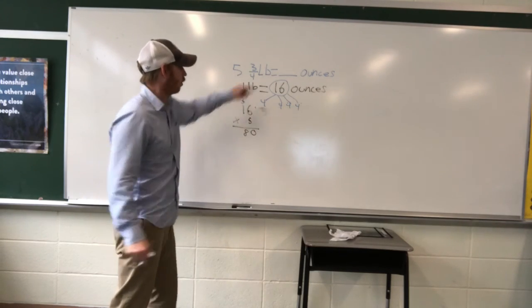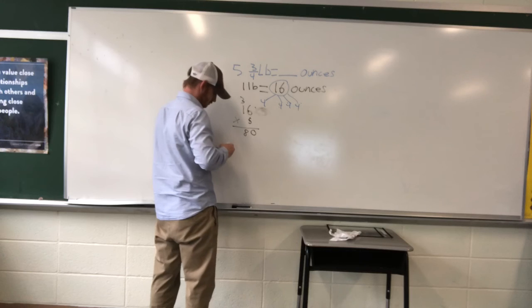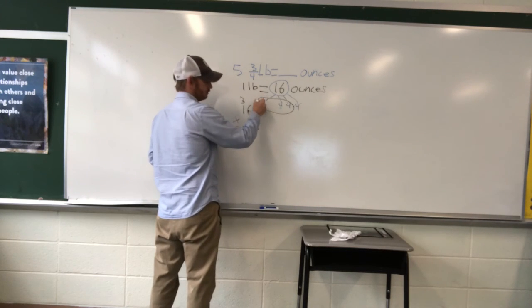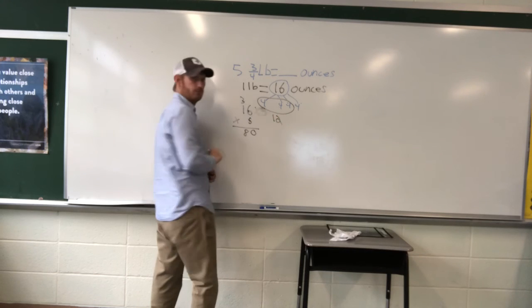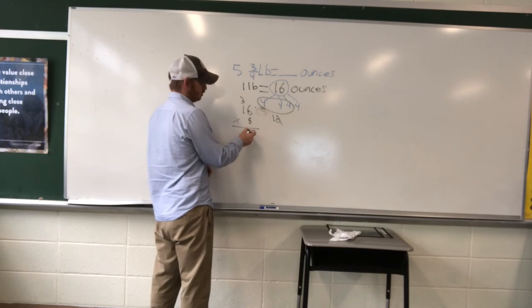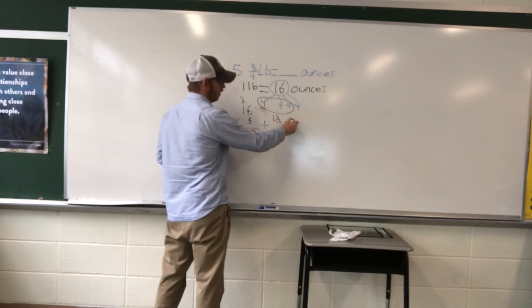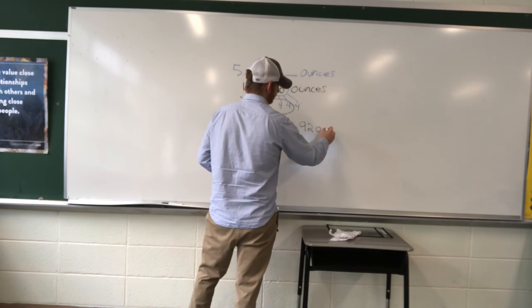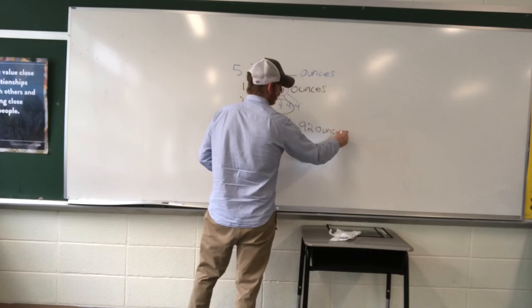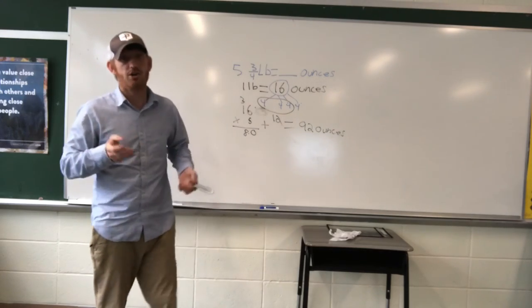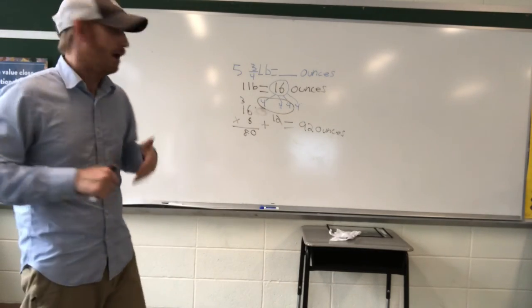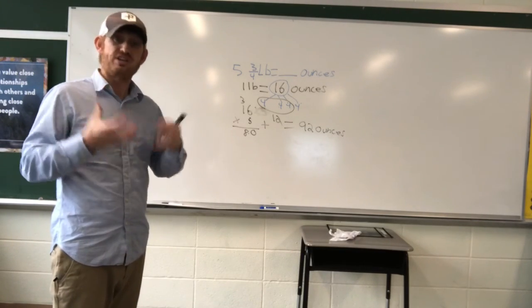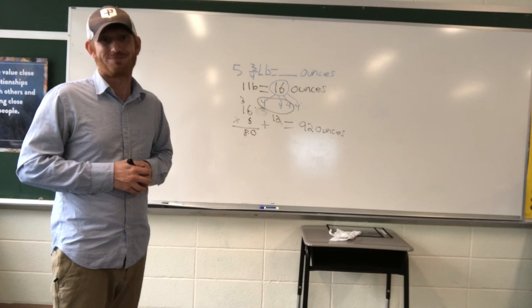I have 3/4, which is 12 ounces. 80 plus 12 is equal to 92 ounces. If you want to draw a number line, that would work too. But for a problem like this, multiplication and addition are really the best ways to solve it.